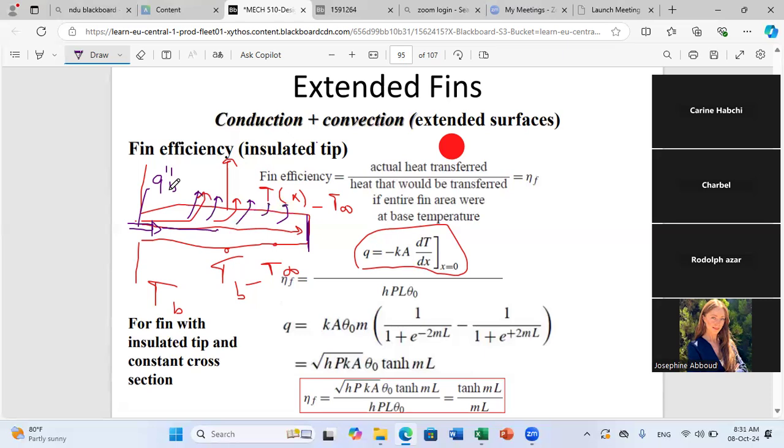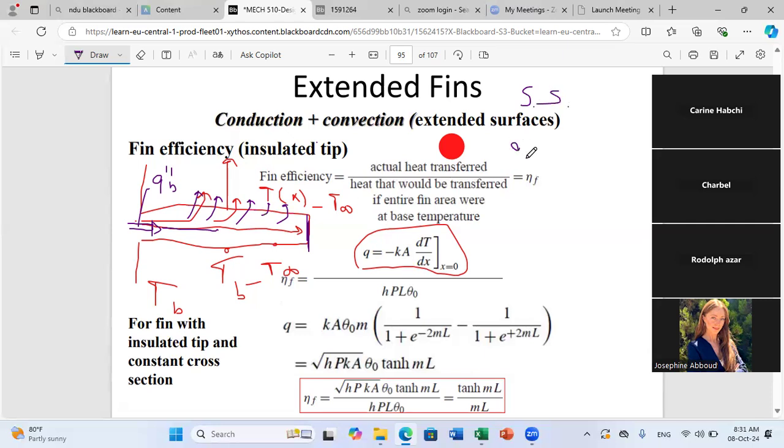If you want to do an energy balance, yes? If the tip is insulated, yes, exactly. First, steady state. We have a steady state case, so Q in equals Q out.